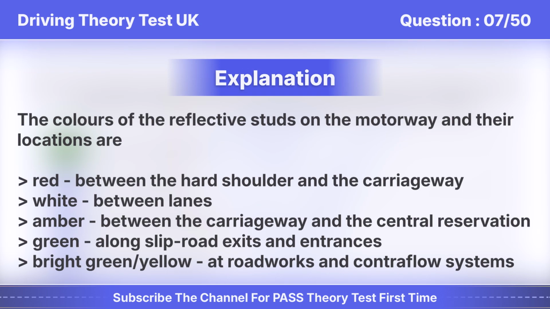The colors of the reflective studs on the motorway and their locations are red, between the hard shoulder and the carriageway; white, between lanes; amber, between the carriageway and the central reservation; green, along slip road exits and entrances; bright green-yellow, at roadworks and contraflow systems.